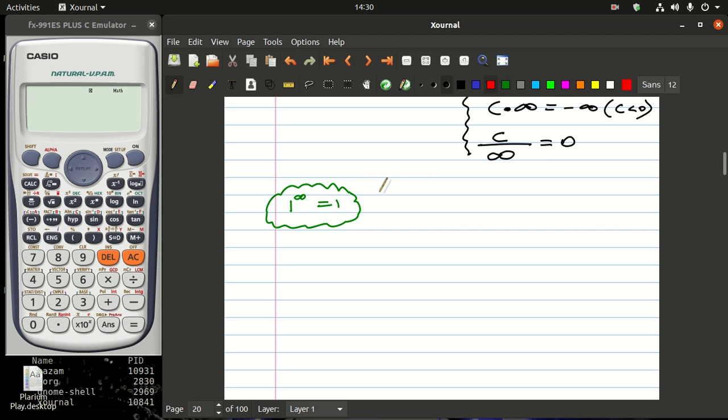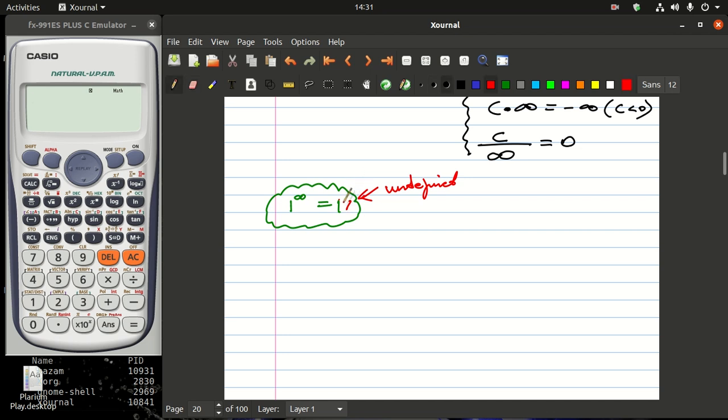Like I said, this one is undefined. This is not the case. Now, suppose that you are arguing that this is supposed to be equal to 1, which is not true.